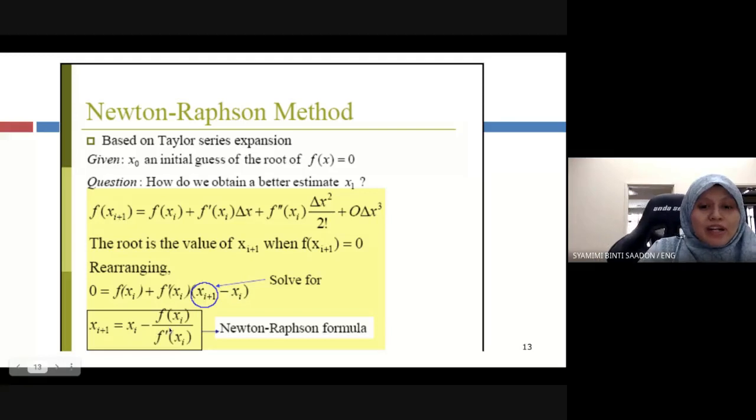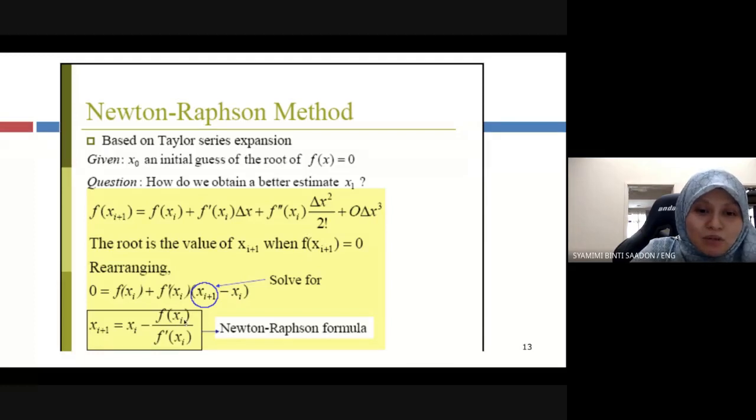So first, x0 is 0. f(0): substitute in the equation, exponential minus x minus x. Exponential 0 is 1, so 1 minus 0 is 1.